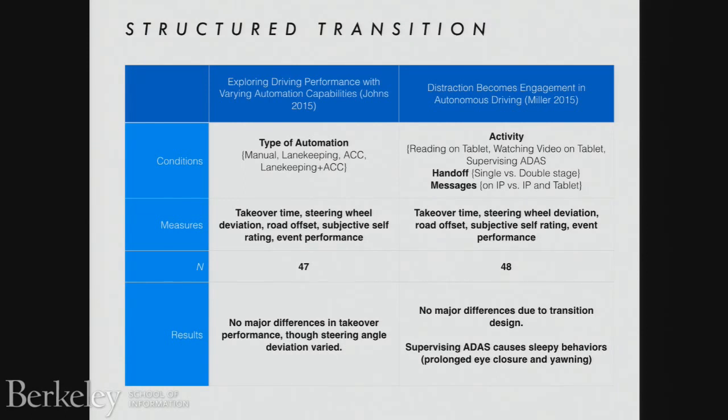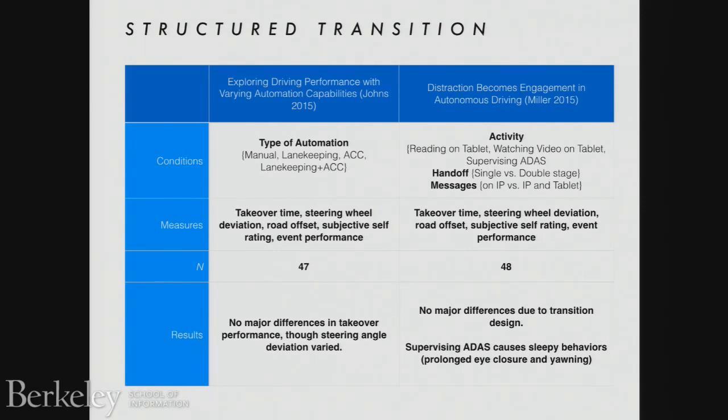And we also changed different aspects of the interface, whether the transition message was happening just on the dash versus on the dash and the iPad, and then whether they're given 2 stages of warning or just 1 warning in the transition.